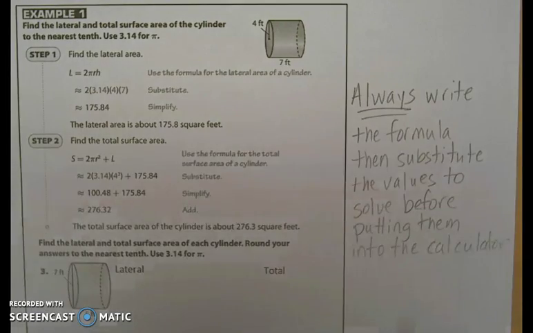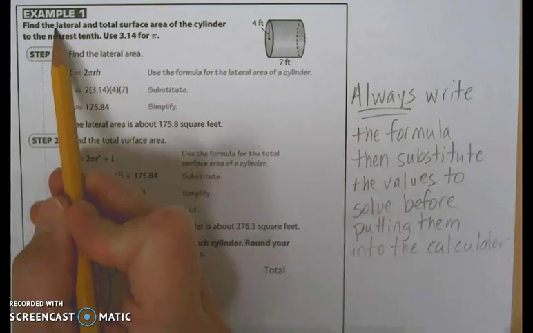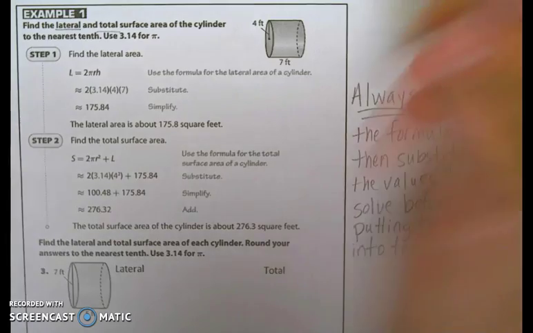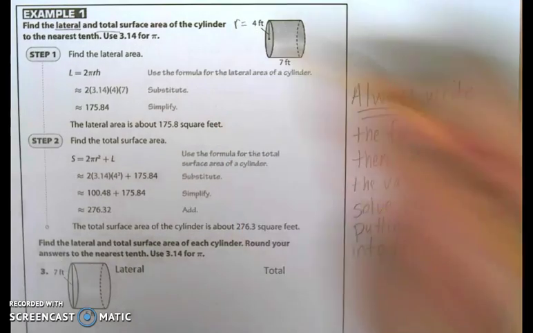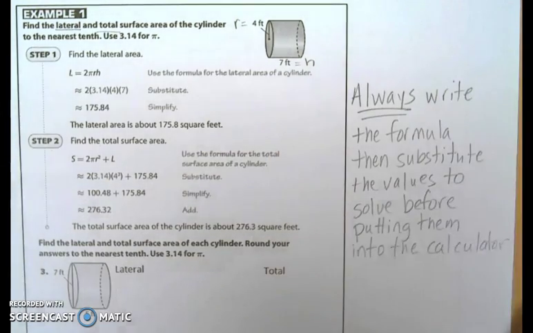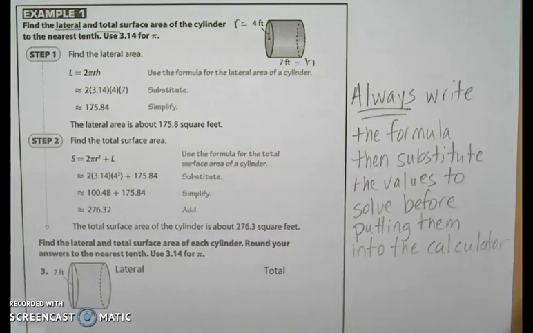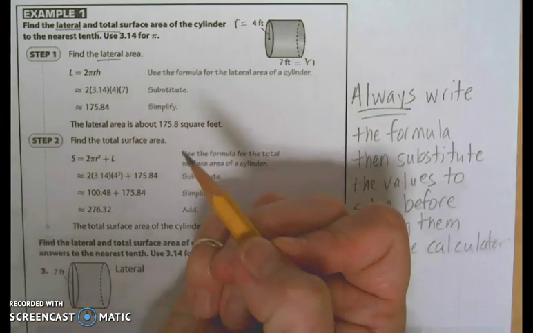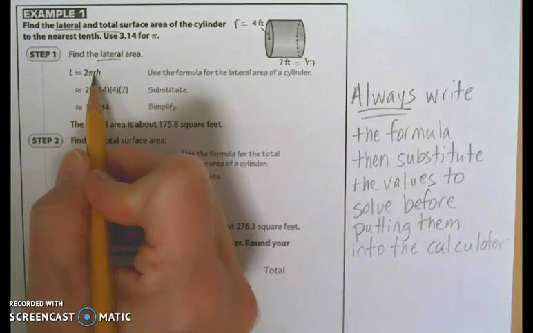Let's go through example 1. Find the lateral and total surface area of the cylinder. When you look at the cylinder, you notice that the radius is 4 feet, while the height is 7 feet because it's the distance between the two circular bases. We're going to start with lateral surface area, which is 2 times pi times radius times height.